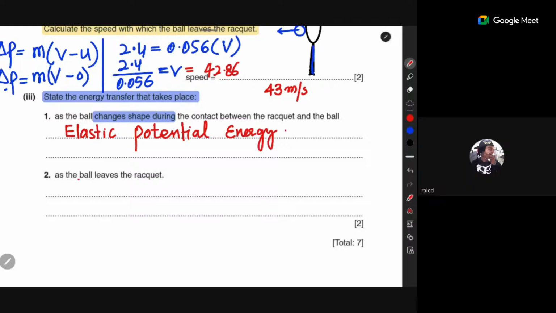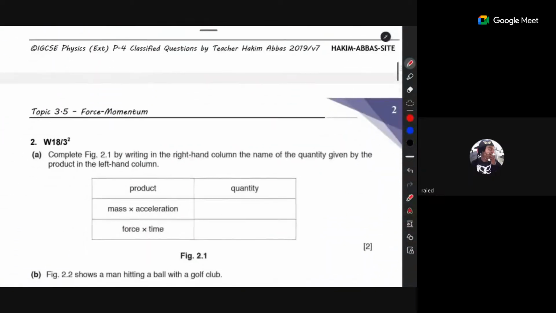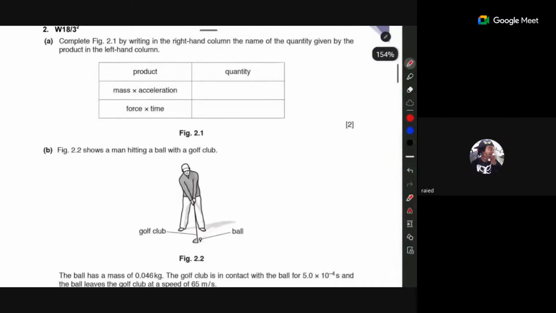And as the ball leaves the racket, that energy is converted into kinetic energy. Is this clear to everyone? Yes. Okay.